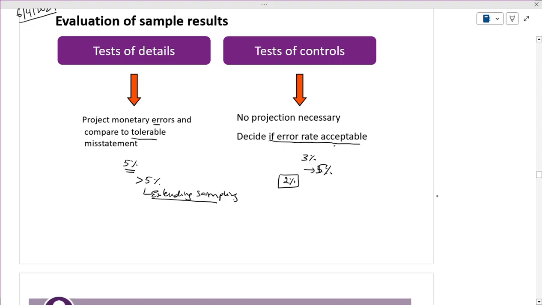If the error rate is acceptable, then definitely we are not going to take any further samples. We are just stopping there.